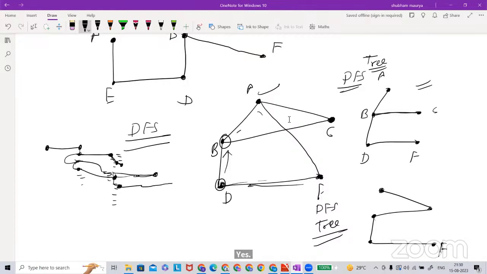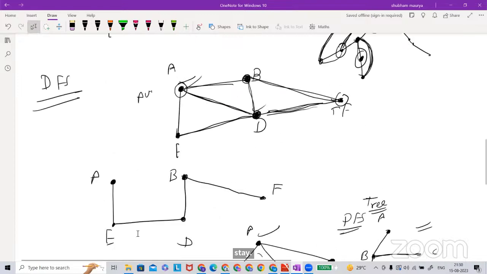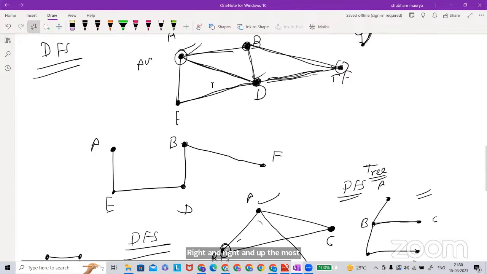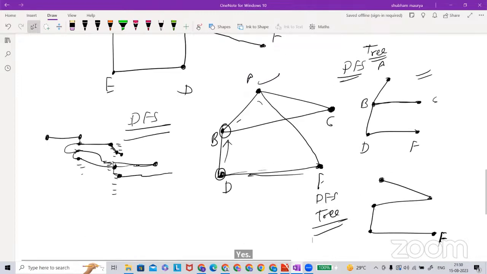If you start from D and then go to B, and then go to A, and again you backtrack to B and go to C, then there may be an edge between A and C or not. So there's a possibility that there is an edge between A and C.